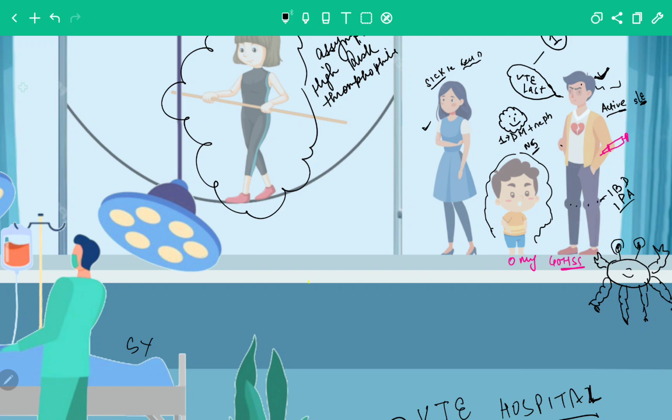You can see he is looking at a cancer, and he's saying, oh my gosh. So this gosh is nothing. See, there is a cancer in the surgery room. Oh my gosh. This gosh is ovarian hyperstimulation syndrome, which will require thromboprophylaxis only in the first trimester.